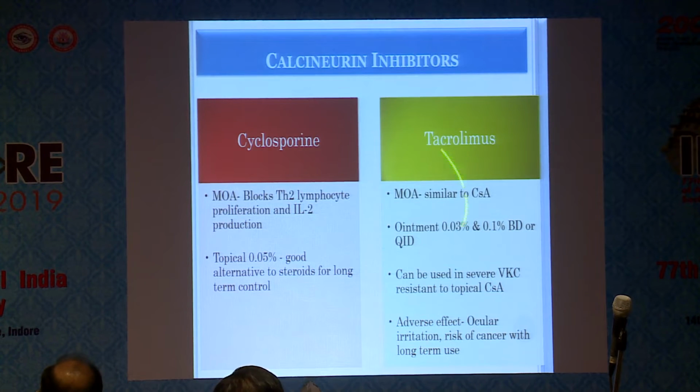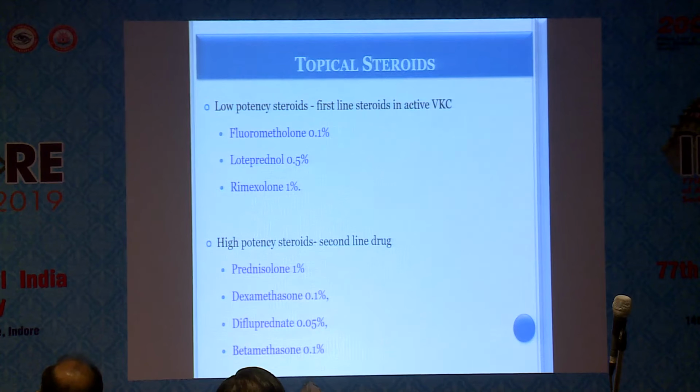Tacrolimus is another good drug which can be used, and it is used as an ointment. So you put it in the night time, so the whole night there is a layer of tacrolimus, which is quite useful. As I mentioned, topical steroid is very, very essential. However, we have to be really careful when we are giving steroid. We can give a topical low potency steroid, or we can give a high potency steroid for a very short burst, depending upon the severity.